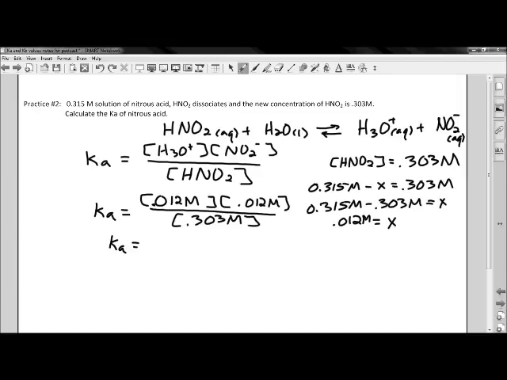So, our Ka value for this, let's plug it in, 0.012, and two of those, so we'll square them, divided by 0.303. And you should get 4 point something. And with this, we only have 2 sig figs here, so it's going to be 4.8 times 10 to the negative 4th. And this is our Ka value for nitrous acid.